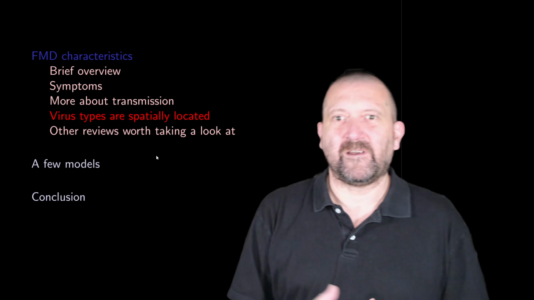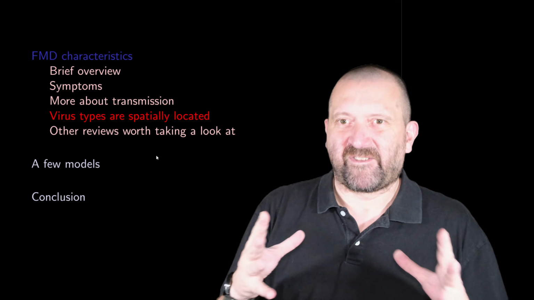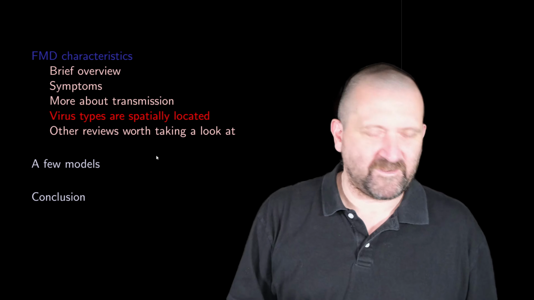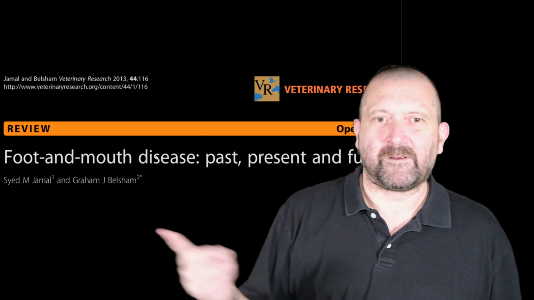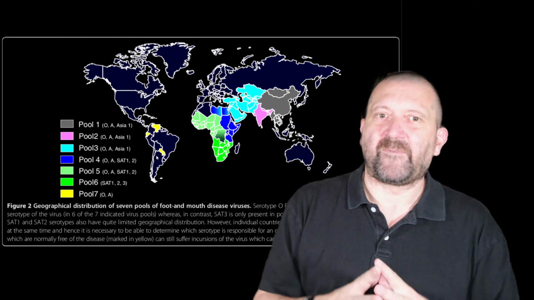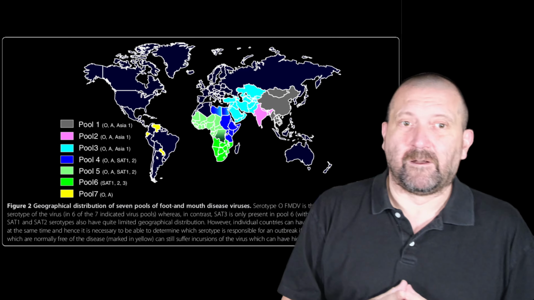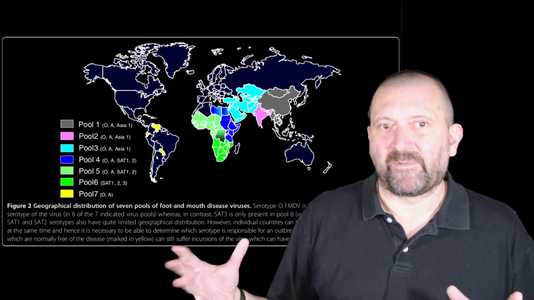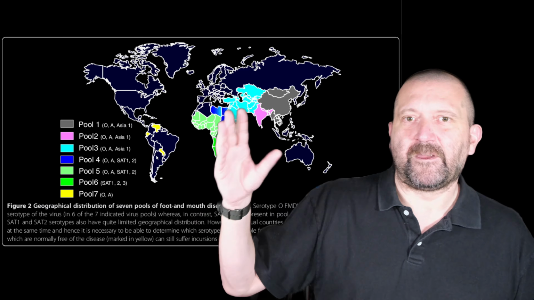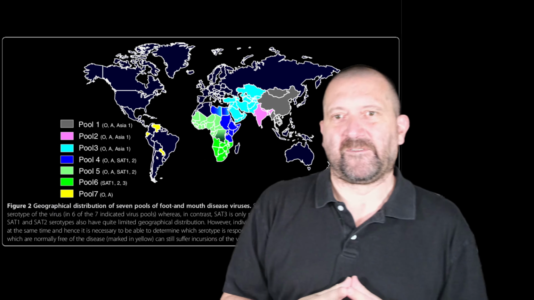One remark that is about spatial aspects without really being spatial. Going back to Jamal, one remark is that there are different serotypes of a virus, and they're sort of spatially located.